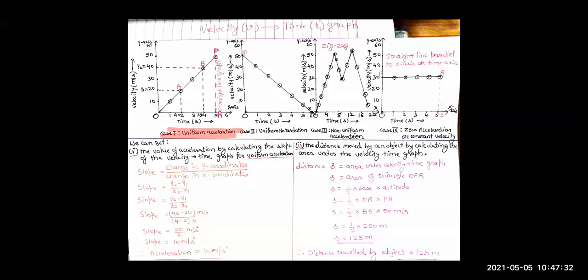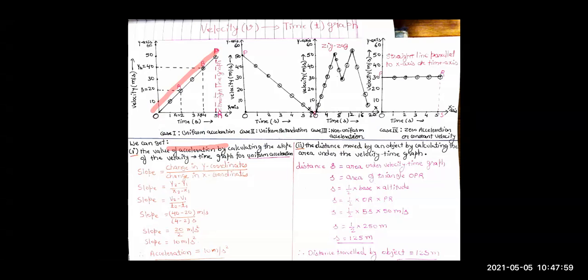From the velocity time graph, we can calculate the value of acceleration. We can calculate the value of displacement or distance, right? Here as the object is moving on a straight path, distance and displacement are equal. So how will we calculate the acceleration? Children, do you remember yesterday we did slope?